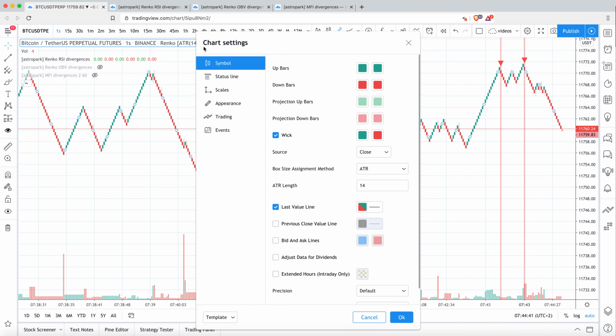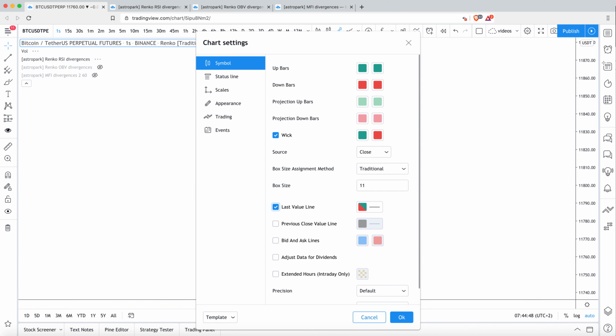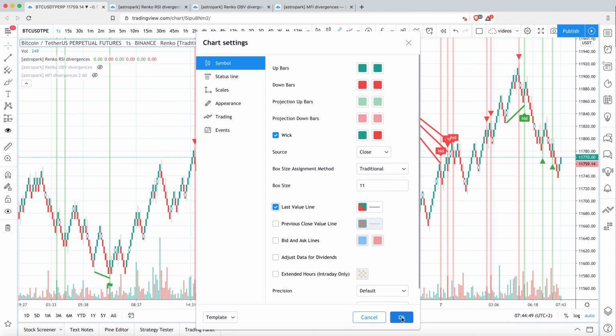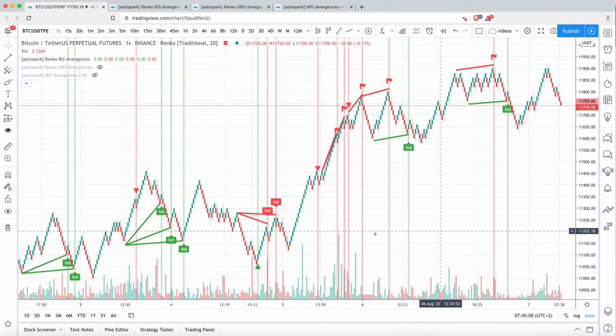I suggest to move to traditional. Okay, on Bitcoin, I suggest, for example, 11, 10, 9 as box sizes for calculating this, but you can choose the one you prefer. Also 20, for example.